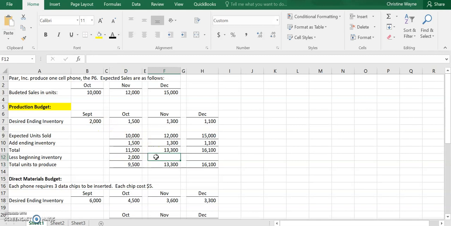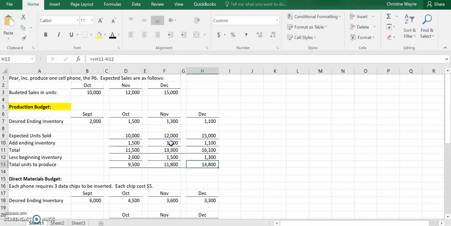So in November, I'm looking at October 31st to find that beginning inventory. So I'm going to look to my October ending inventory to get my November beginning inventory. Same thing in December. I'm looking to my November ending inventory to get my December beginning inventory.